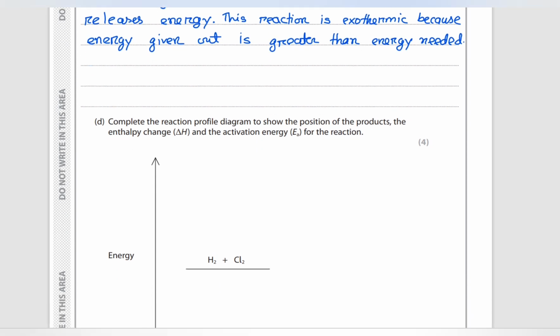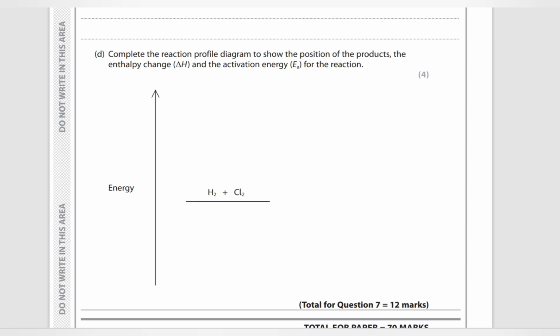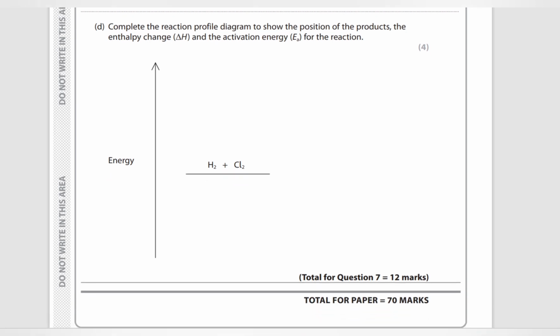Part D, complete the reaction profile diagram to show the position of the products, the enthalpy change, and the activation energy for the reaction. As you already know that this is an exothermic reaction, that means reactants must be at a higher enthalpy than the products. So the reactants must be at this level approximately, and the products must be at this level, and the product is 2HCl.